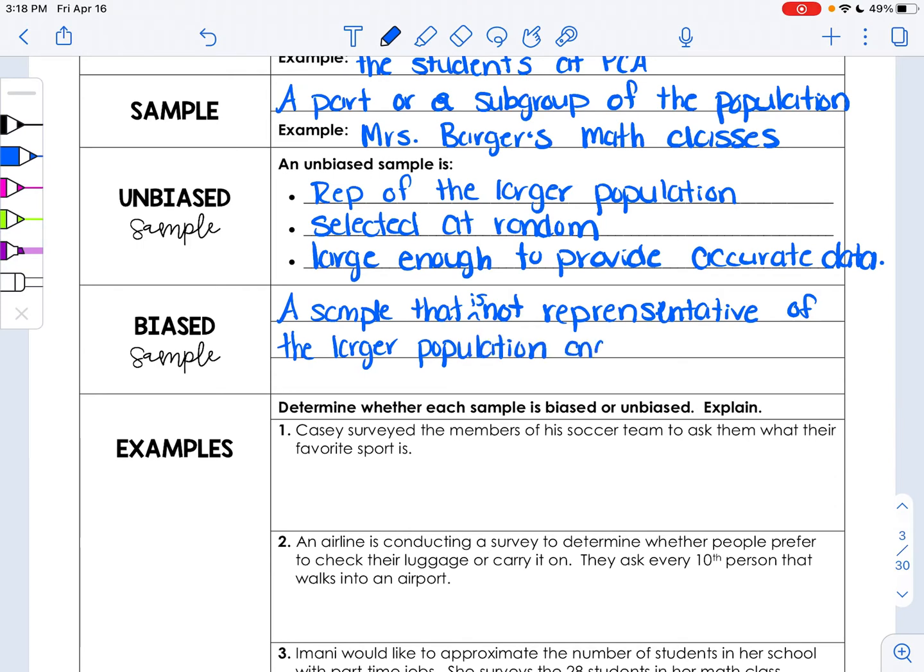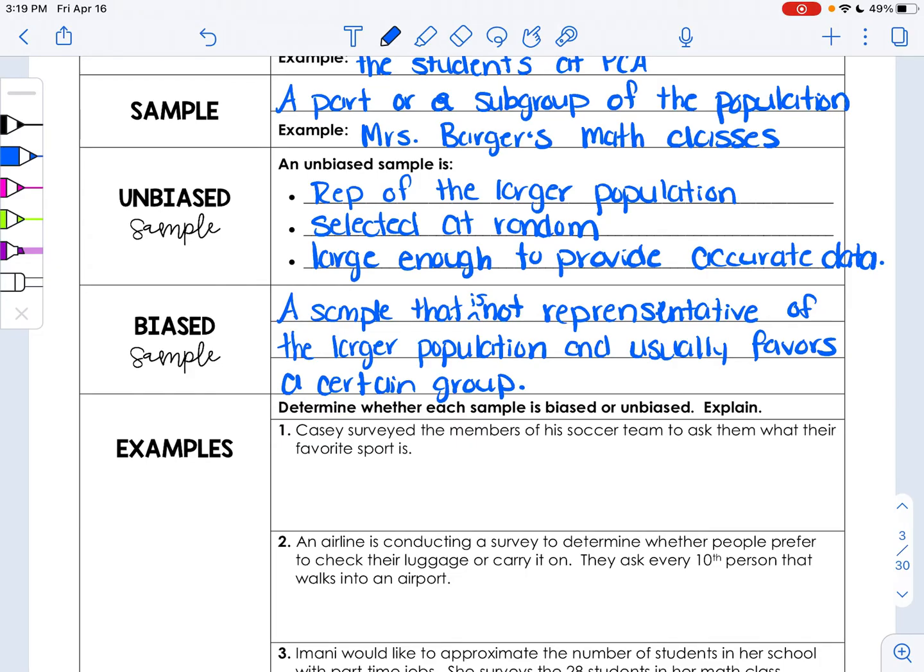And it usually favors a certain group. So you might pick, say you want a particular brand of ice cream, you might pick the people you know that are going to pick that same one also.